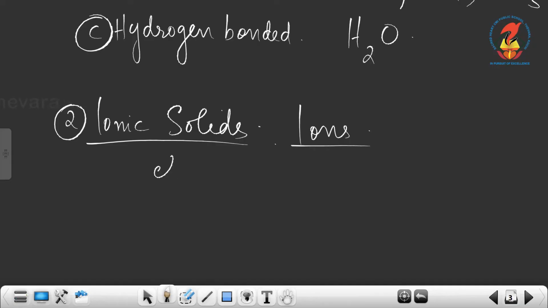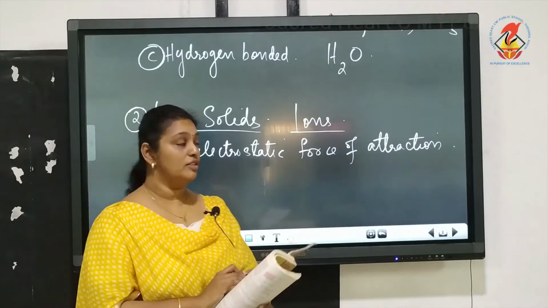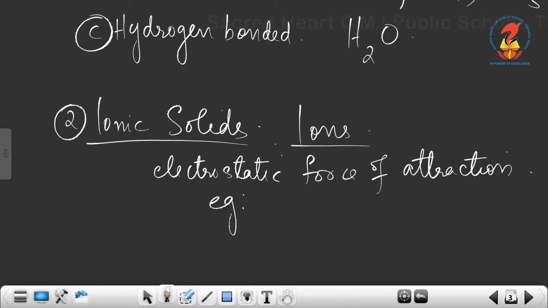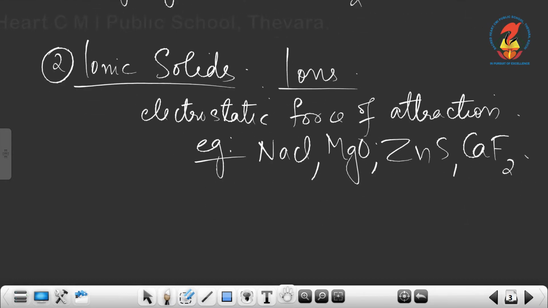Examples for ionic solids are sodium chloride, magnesium oxide, zinc sulfide, calcium fluoride, etc.